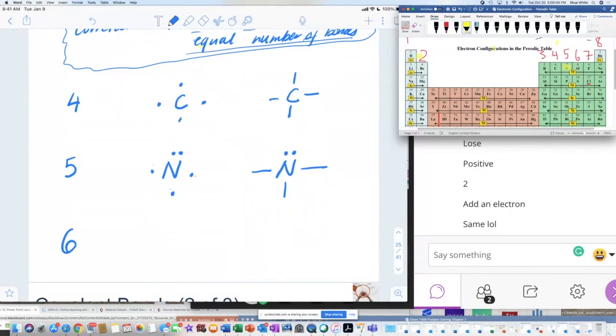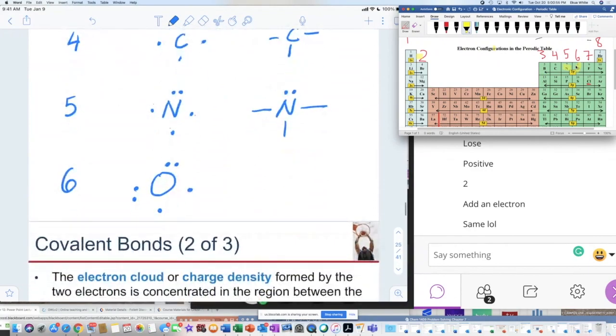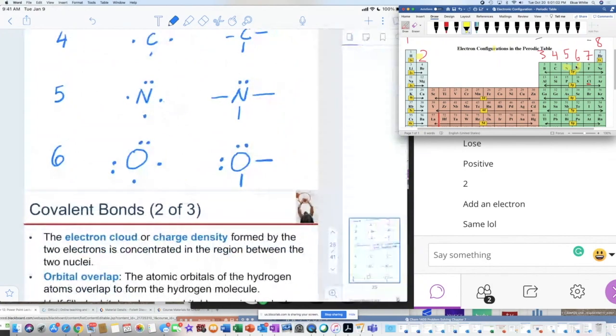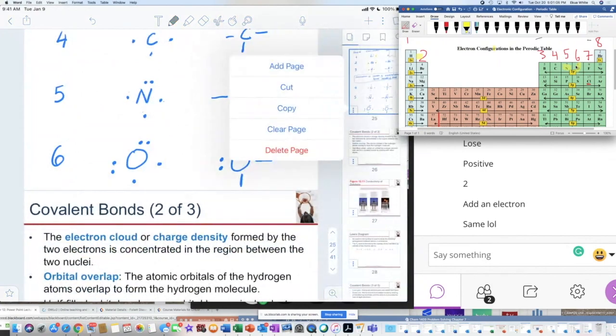Now I'm moving on up here to oxygen. Oxygen has how many dots? 1, 2, 3, 4, 5, 6. Oxygen, normal bonding pattern, 2 dots, 2 dots. These unpaired dots become bonds. So we continue.